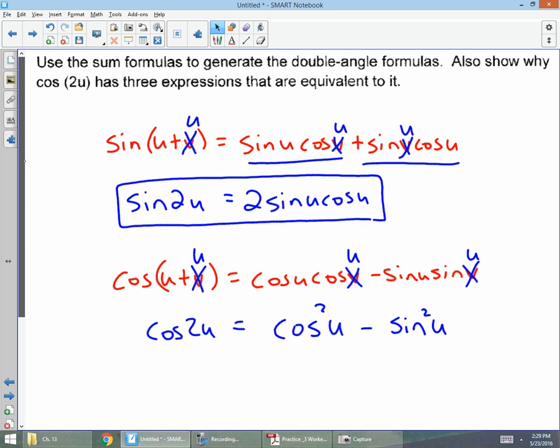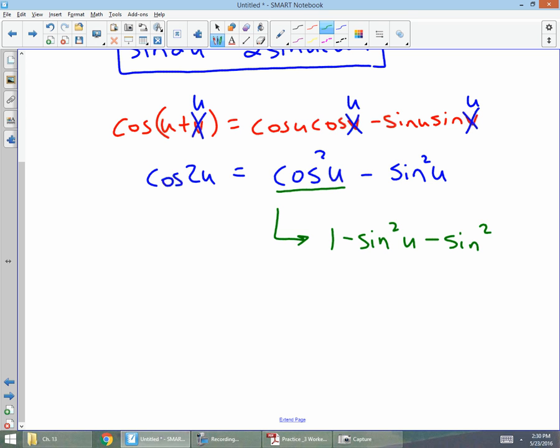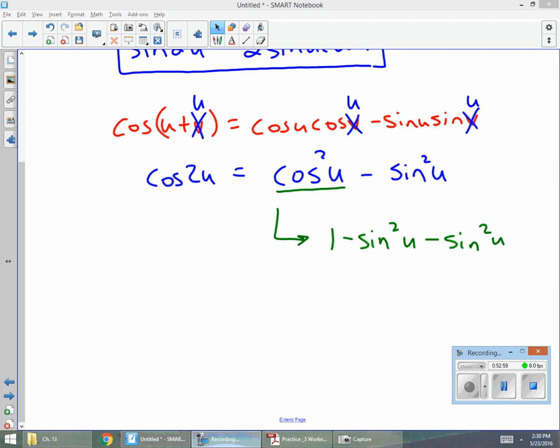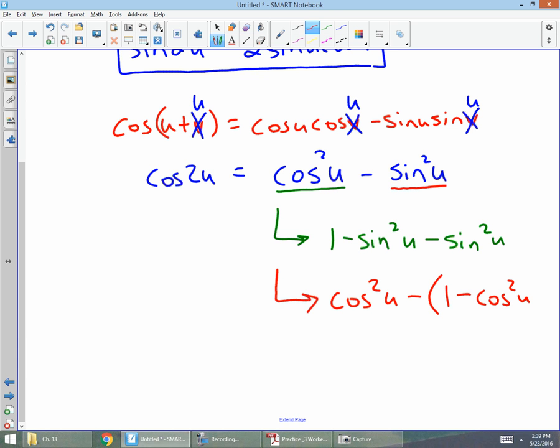Now, on this one, let's finish the question. Why are there 3 versions for the cosine of 2u? Well, right here, using our Pythagorean identities, it's possible to put 1 minus the sine of u squared in that place, giving 1 minus the sine of u squared minus the sine of u squared. The other version: what if we did a Pythagorean on the other one? That cosine would stay the same, cosine of u squared, minus 1 minus the cosine of u squared.